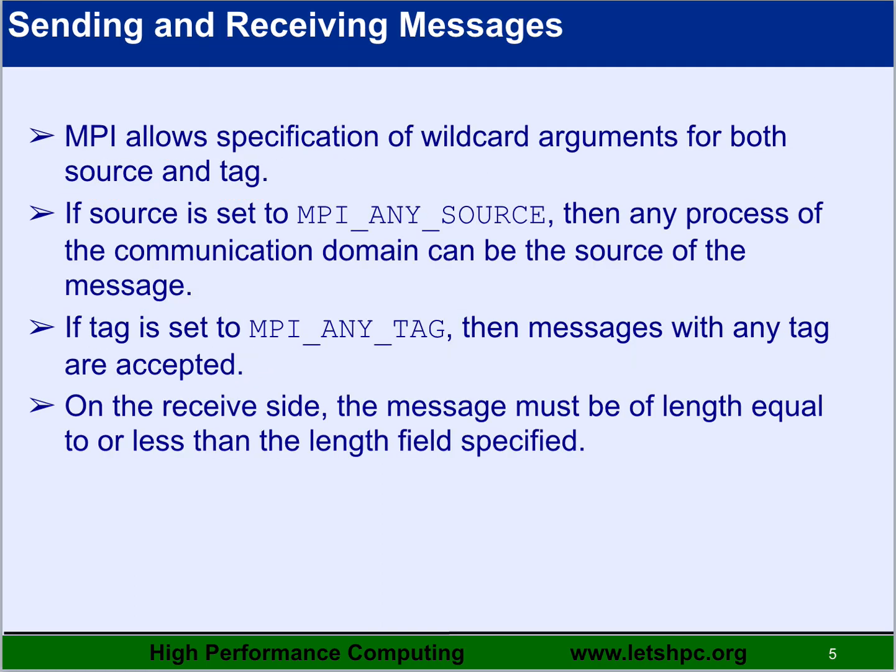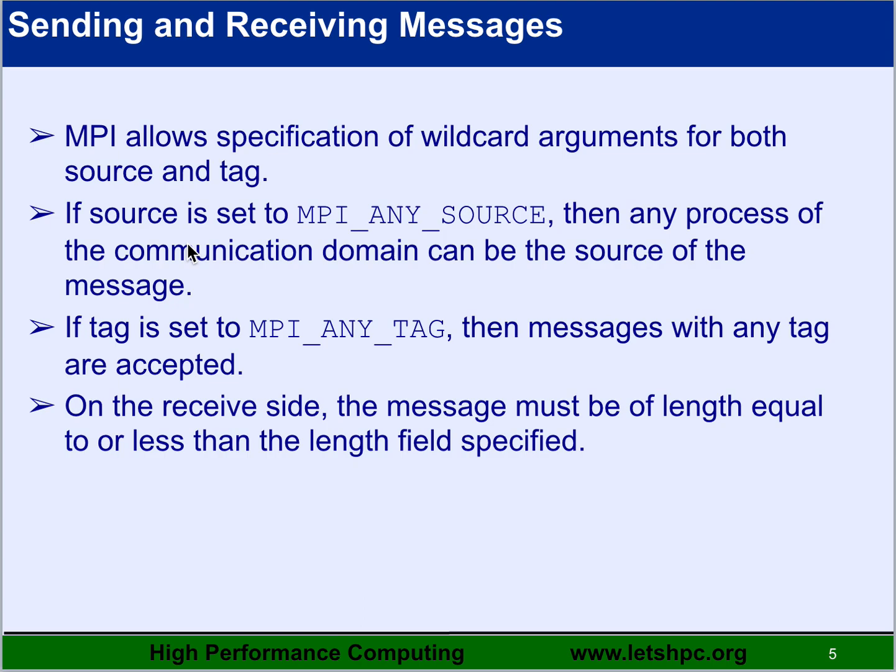If you recall the MPI send and MPI receive function calls, there are a couple of arguments which can be treated as wildcard arguments for both the source and tag. For example, we can set the source as MPI any source.